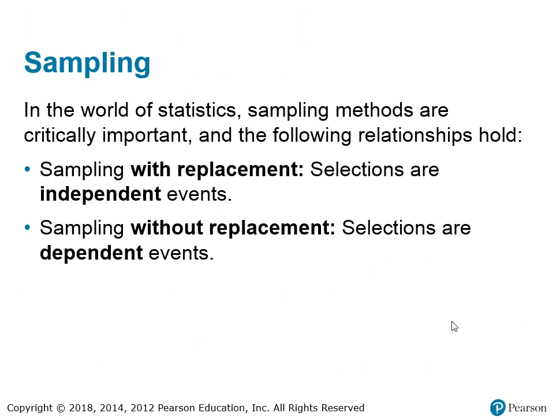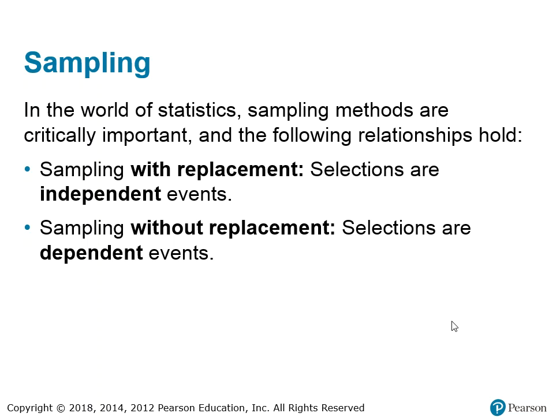Since sampling with replacement, those are independent events, because who you chose in the first one has no effect on who you choose on the second one, because everybody's going back into the pot.